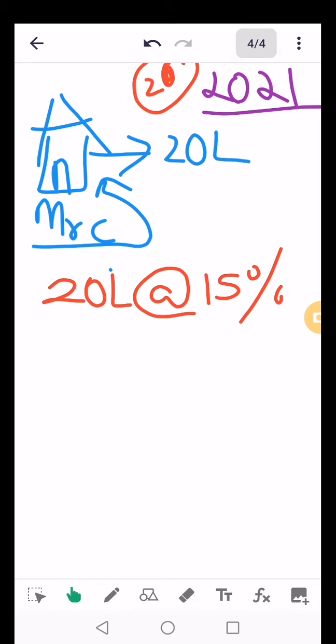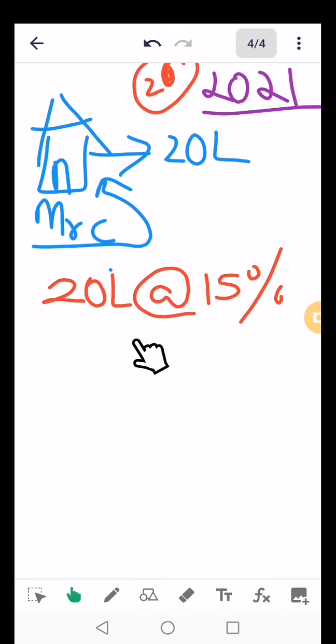So wraparound loan means that the old loan is not the entire 10 lakhs. It is the remaining amount of the loan in the year of consideration, that is, in the year 2021. The remaining amount is 9 lakh that has to be paid to the bank. So this is the new loan, and 9 and 20 will get wrapped.